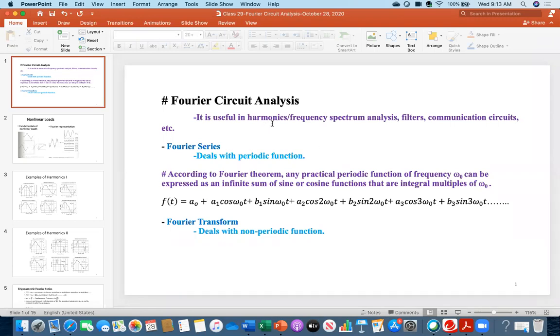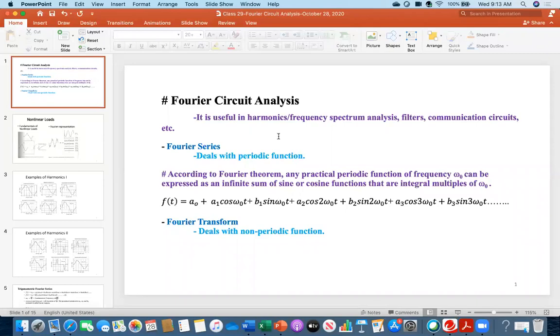And if there are harmonics, then not only the 60 hertz, not only the fundamental frequency, there can be higher order frequencies. For example, frequency can be 120 hertz, can be 180 hertz, and higher, even more than 1000, 2000 hertz. But those are unwanted signals. You need only the 60 hertz signal, pure sinusoidal signal. So the Fourier technique will help you to find out that fundamental. That's why it is called the Fourier circuit technique.